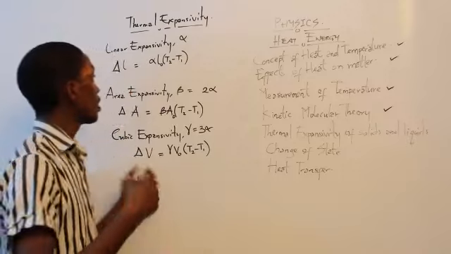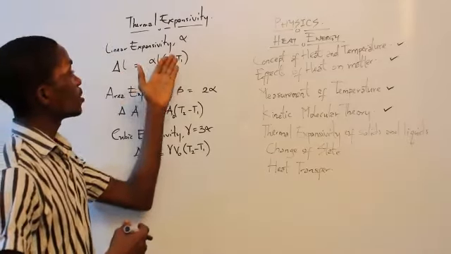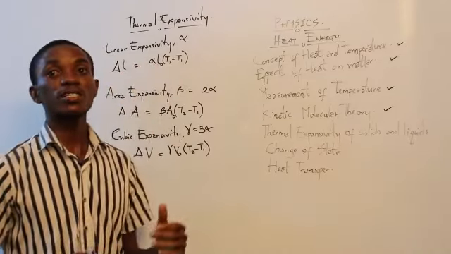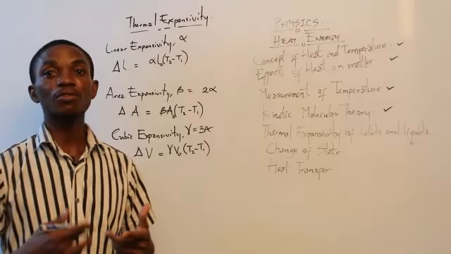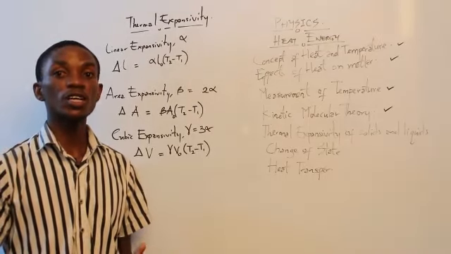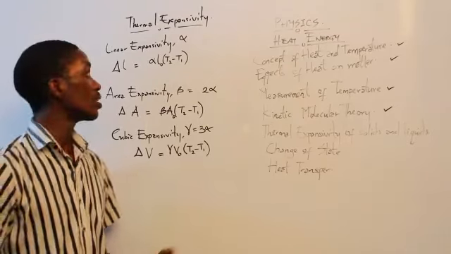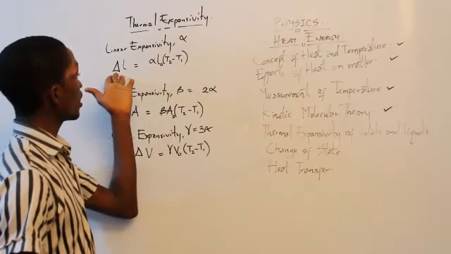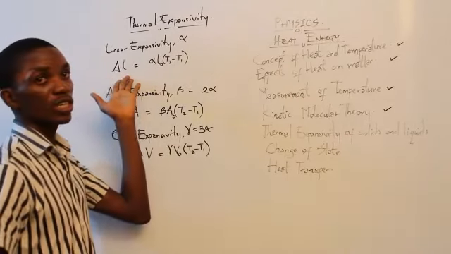So, the formula above here represents how we calculate the effect of linear expansivity on a substance. The formula here indicates change in length.